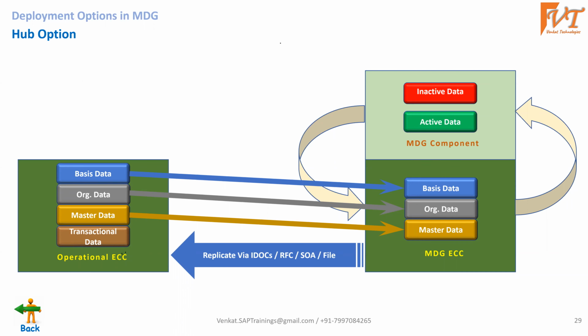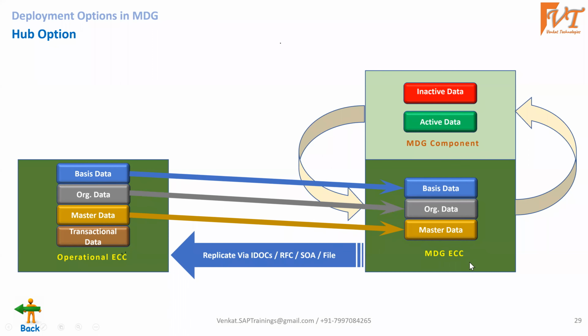But when we go with the hub option, the implementation cost will be high, because here we are building a new system itself. They need to go with new infrastructure, and they need to purchase all the RAM and every component.